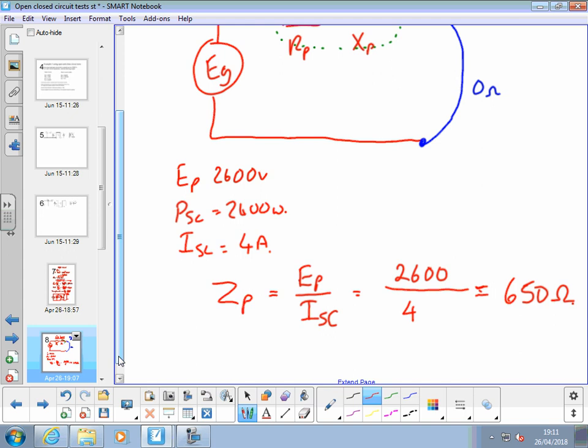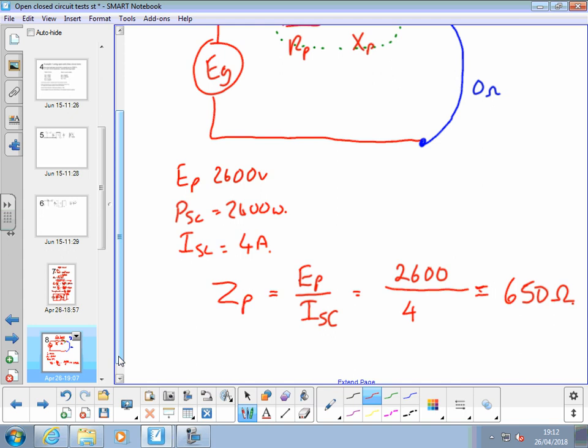What else can we calculate from the information given? We've used the voltage and the current. For some reason we got the power. There's a clue. RP, the resistance on its own, is the only thing that's going to dissipate real power. So all of that 2,400 watts must be being dissipated in the windings of that transformer under those conditions.